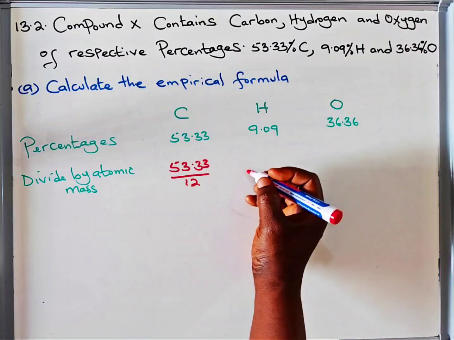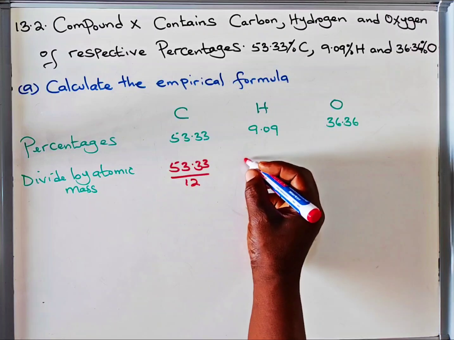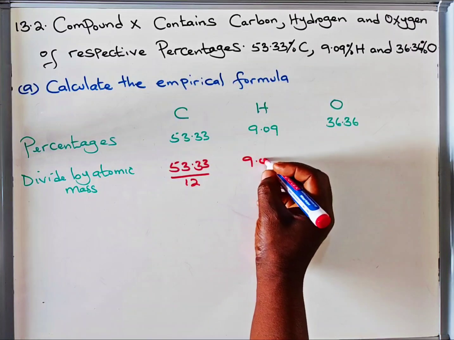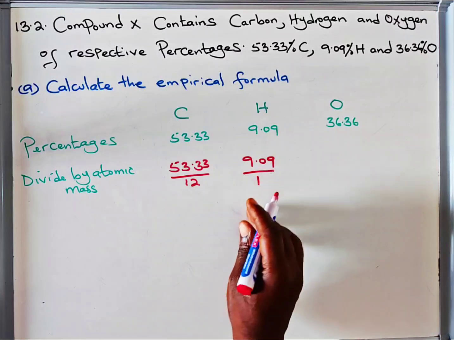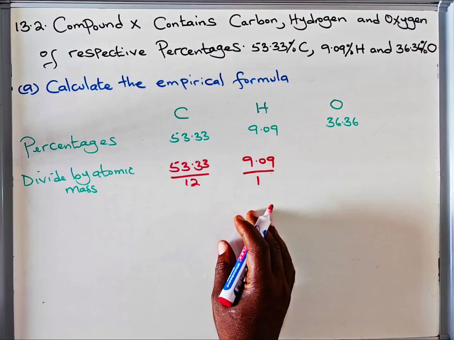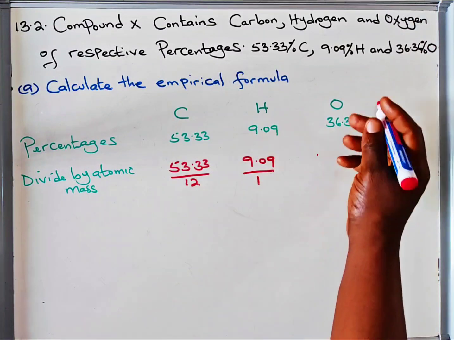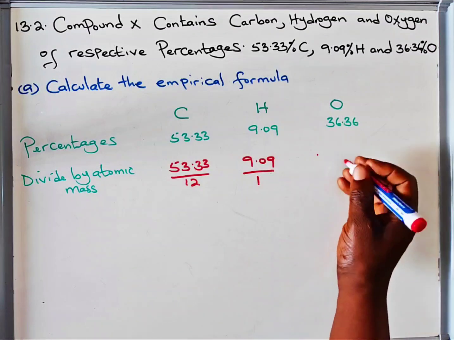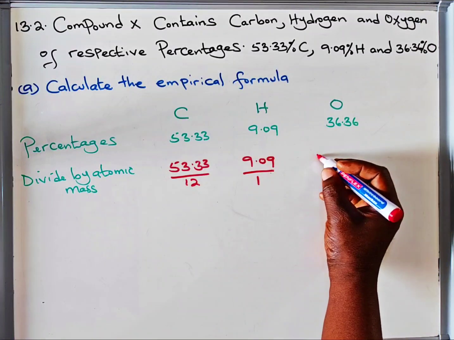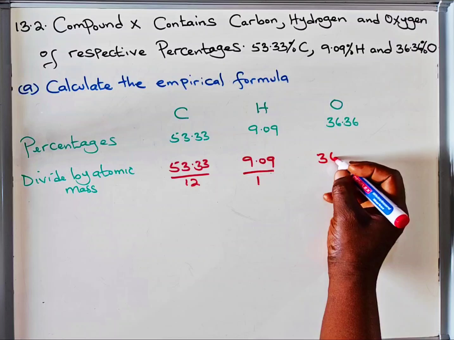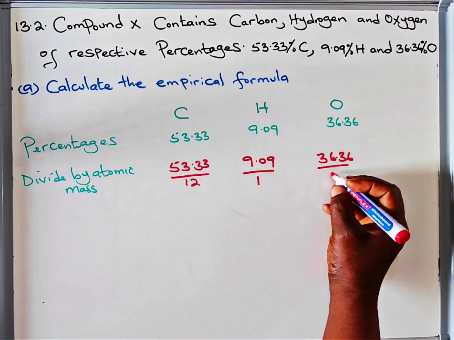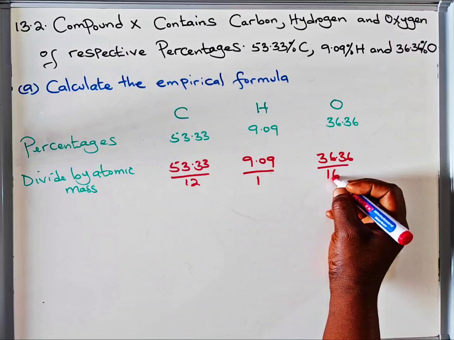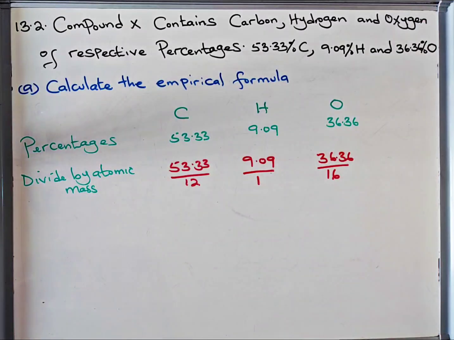What is the atomic mass of hydrogen? It is 9.09 divided by 1. Hydrogen has atomic mass 1. And what's the atomic mass for oxygen? It is 16. So you're going to have 36.36 divided by 16.